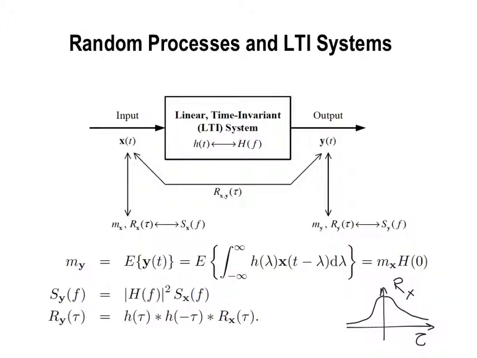I'll have the highest value of autocorrelation. As I take a sample at t and then another sample at t plus tau, as I increase that tau, I will get something dropping, right? Which means that I will start having a random process which is quite uncorrelated, has no linear relation with the original sample process. And then if I go further, I will have another random process which has less correlation with the original one, and so on. So it tells me that after a while, I will get something totally unrelated to the original one, right?